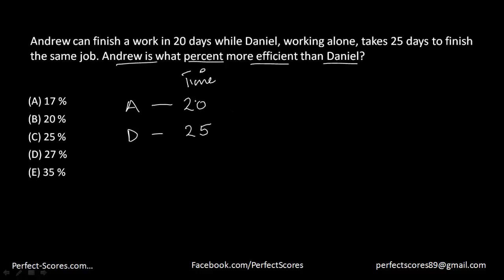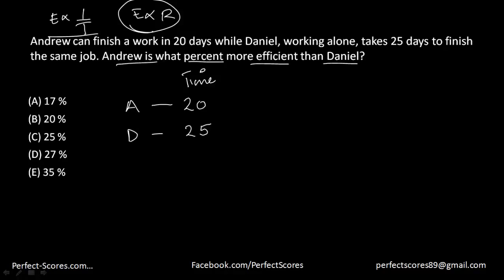Now, we can calculate the efficiencies in terms of time as well, but as you know, efficiency is inversely proportional to time, but efficiency is directly proportional to the rate. So if you're able to calculate the rates, we'll be able to calculate the answer much more easily, because we naturally are very comfortable with things which are directly proportional rather than things which are inversely proportional.